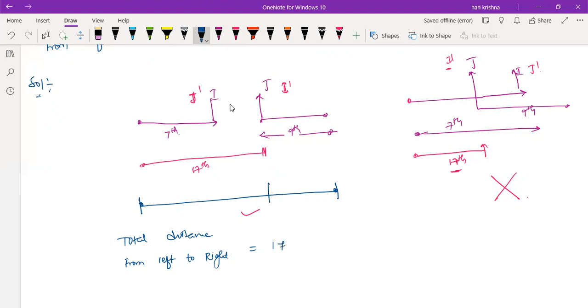You have taken J as the constant. So if you take this as a constant, here it is 17. From here to here it is 9. So 17 plus 9, how much? 26. So if you want total persons now, total distance minus 1. 26 minus 1 is equal to 25.